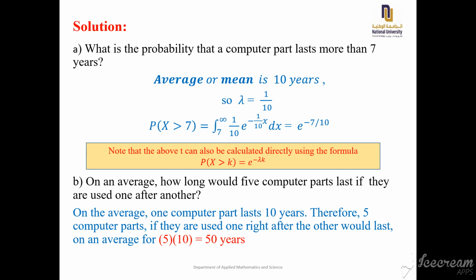Since they are used one after another and they are independent, we can say that on average it will take 50 years to last 5 computer parts. That is 5 computer parts times the average number of years a computer part can last. So 5 times 10 is equal to 50.